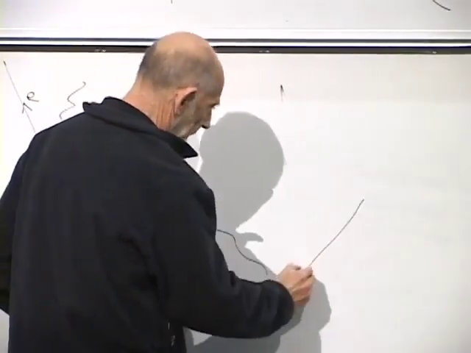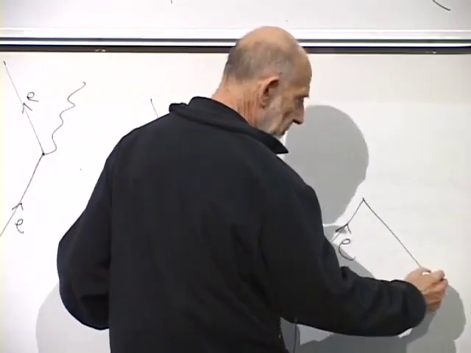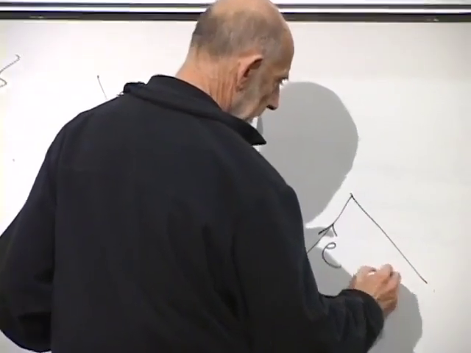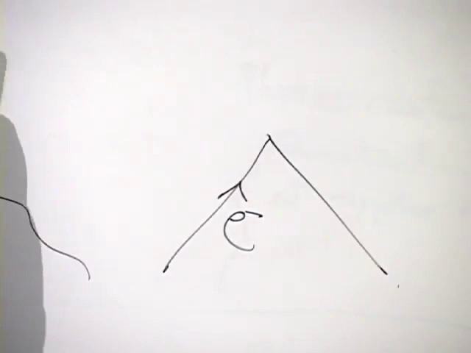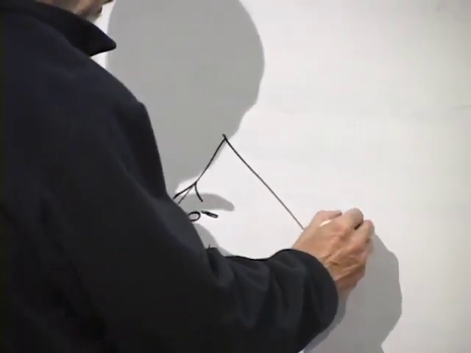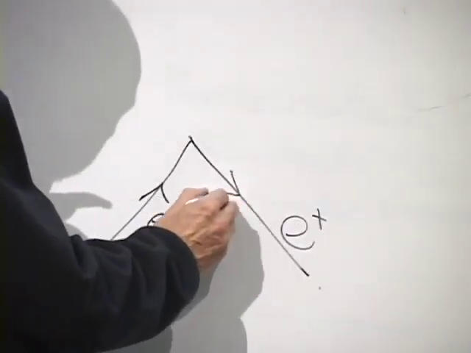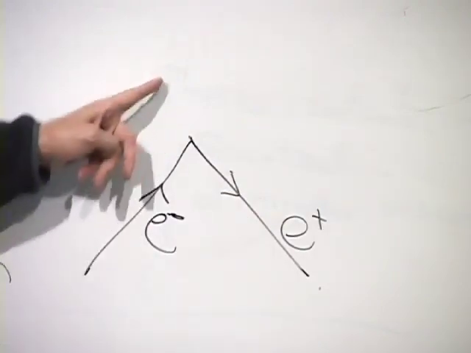But we can also have electron coming in and positron coming in. Electron is a negatively charged particle. We'll call it e minus. Here we can have an electron coming in and a positron coming in. That's usually drawn in this way. An electron coming in is drawn with an arrow upward.